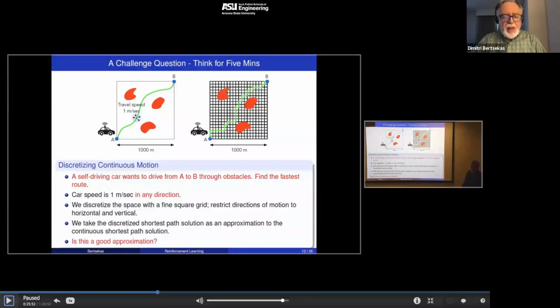And before we go back to this challenge question, let me ask you about aggregation with representative states. Are there any questions? Is it clear what we are doing?